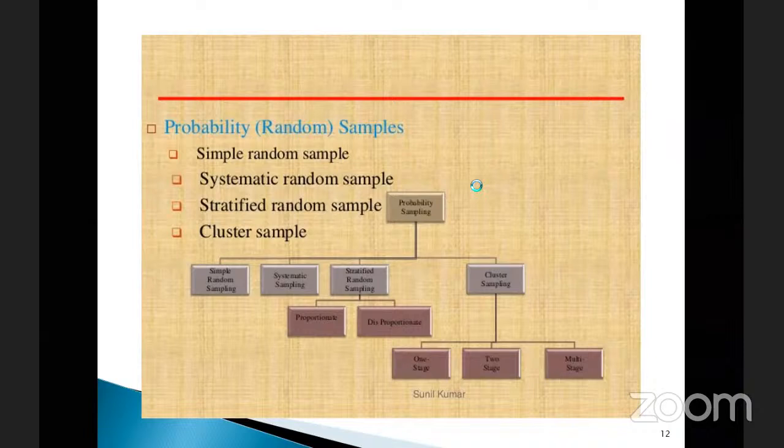So these are some examples of probability or random sampling methods. Simple random sampling method. Simple, like what we do if you toss a coin, head or tail, that's simple. Or you pick from a ballot, that's simple.